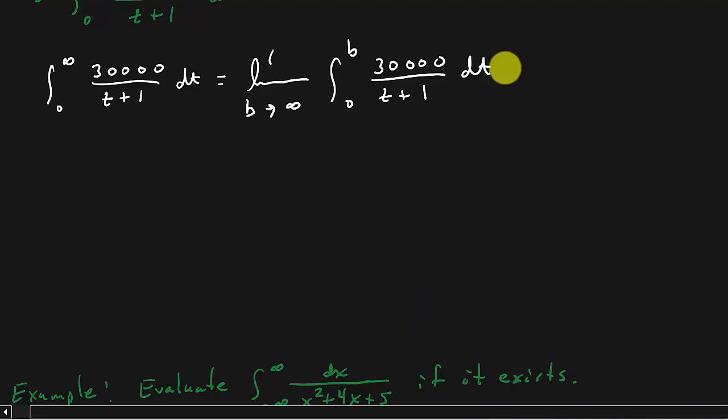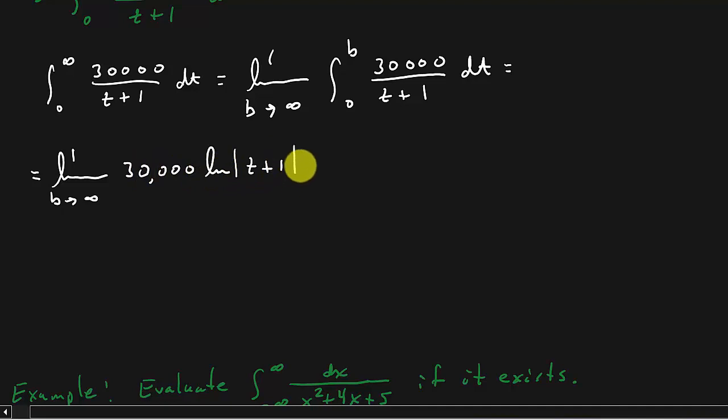So here we have the limit as b goes to infinity of 30,000 times natural log of t plus 1, going from 0 to b. So we're taking the limit of this thing.